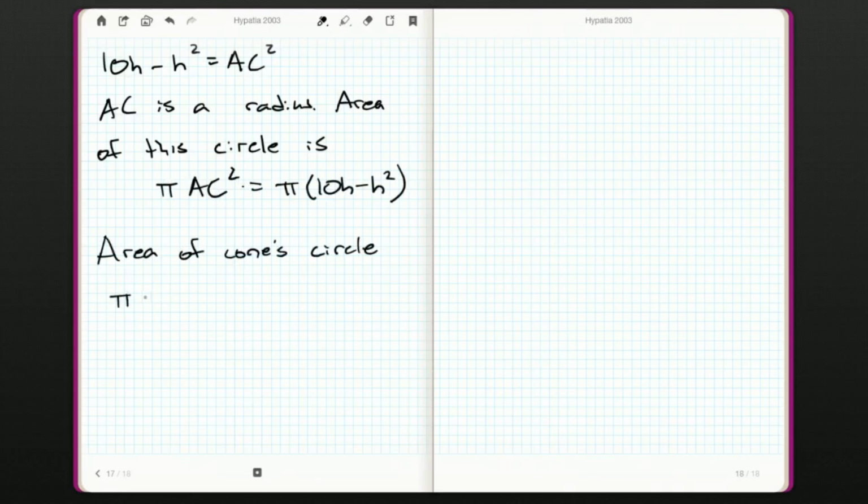So the area of the cone circle, it's pi r squared. Well, what was the radius? 10 minus h over 2. So we have to square that. And we get pi times 100 minus 20h plus h squared all over 4. We want the areas to be equal.